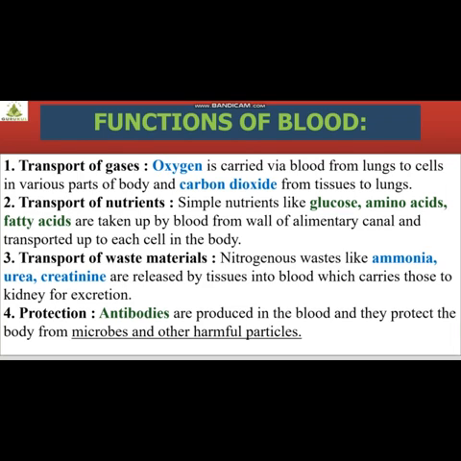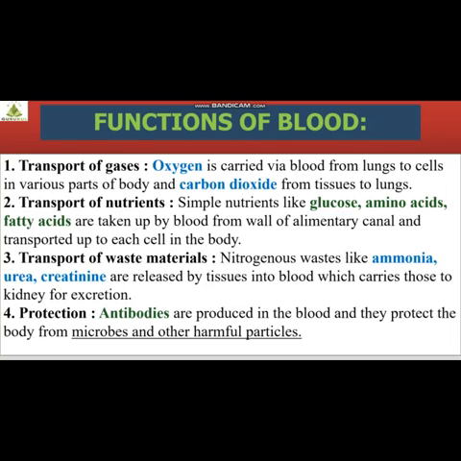Okay, the third important function is transport of waste materials. Nitrogenous waste like ammonia, urea, creatinine are released by tissues into blood. So from the cells, all these wastes are released into the blood, and this blood carries them to the kidney.